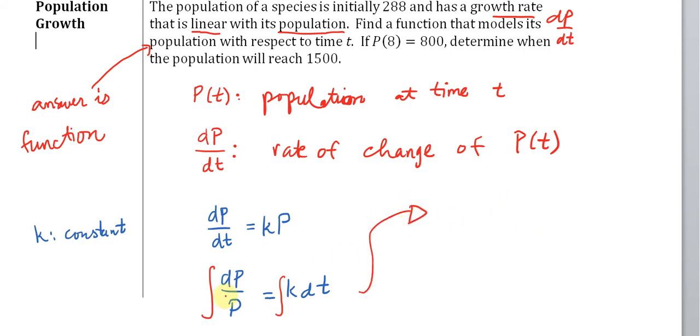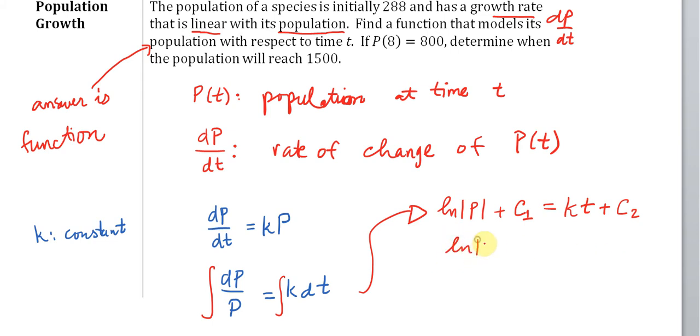Well, the antiderivative of this is really 1 over P. So I get the natural log of the absolute value of P plus some constant, I'll call this c1, is equal to, now the antiderivative of a constant with respect to t is just kt plus some other constant.